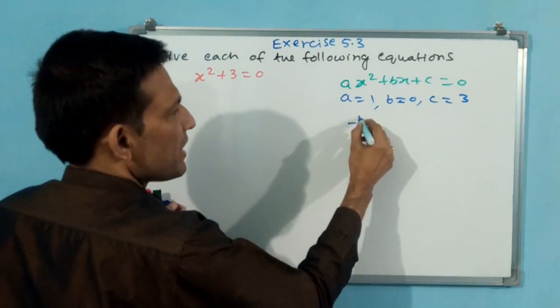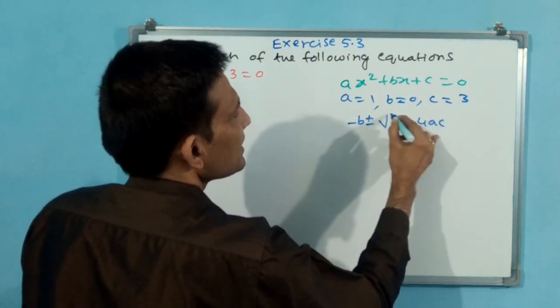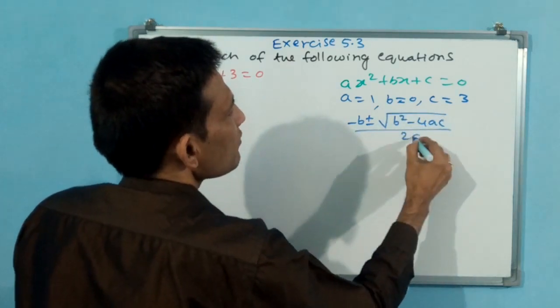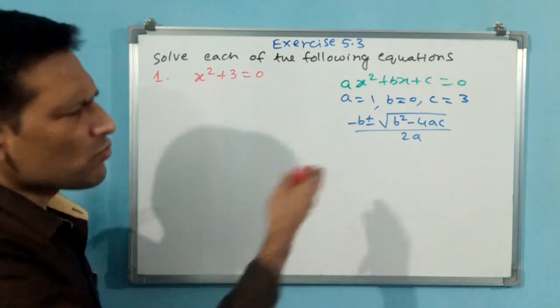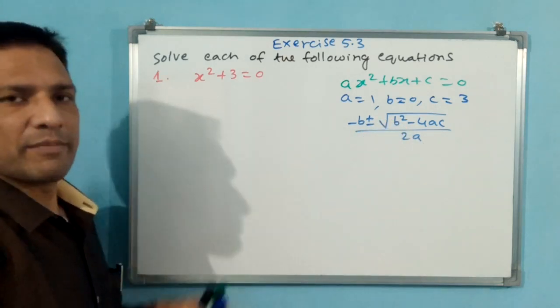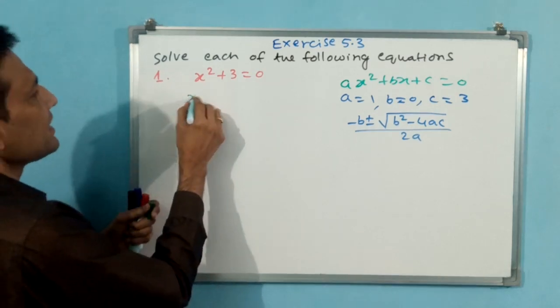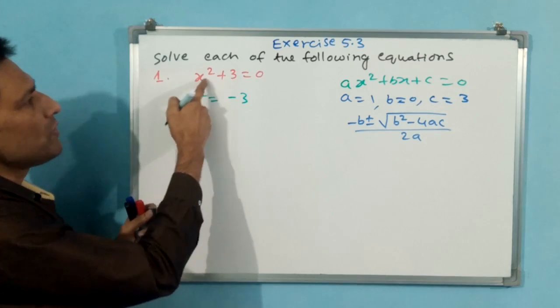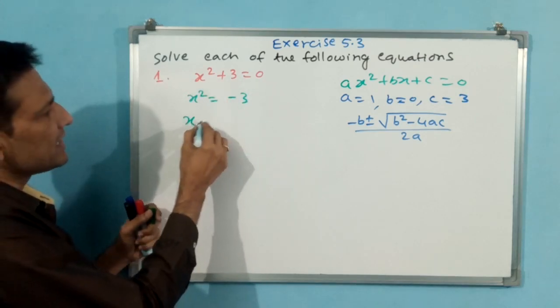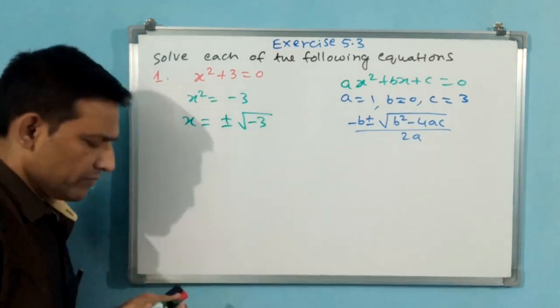Then minus b plus or minus square root of b square minus 4ac by 2a. In this way also you can take, but for this question I am saying don't go this far. Because directly you can take x square is equal to minus 3. That's all. Then what will be x? Plus or minus root of minus 3.